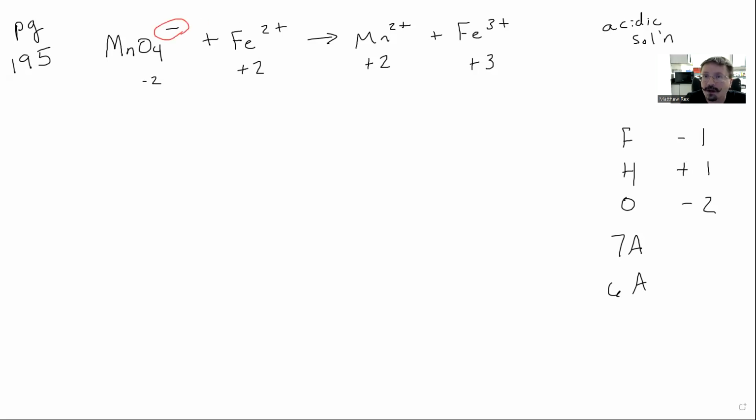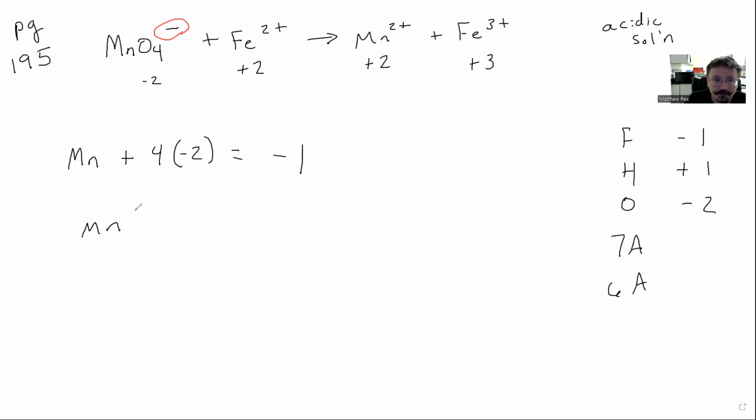So I know all those oxygens combined, whatever their oxidation states are, times 4, plus the oxidation state of the manganese is going to have to be -1. And in this case, we have 4 oxygens. So what that means is whatever the oxidation state of manganese is, plus 4 times -2, because we have 4 oxygens and each oxygen is -2, that's going to have to add up to -1, the charge overall for this polyatomic ion.